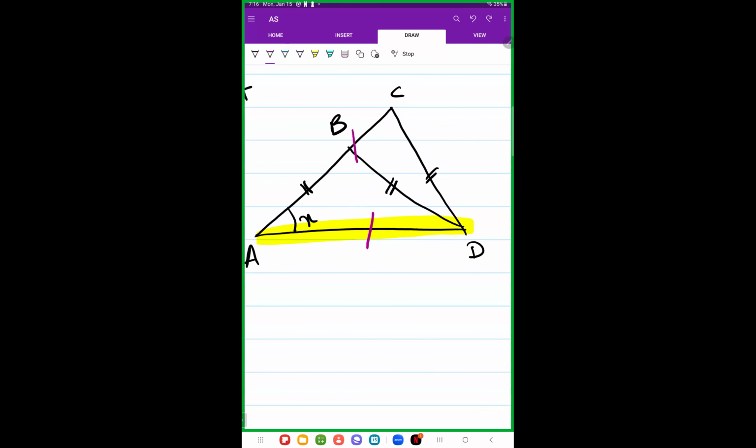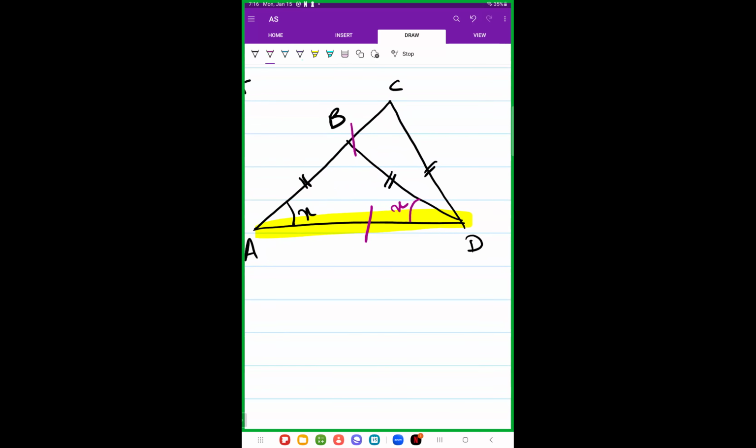Okay, so it says isosceles. So this means this and this would also be equal. So this will also be equal to x. According to this triangle, this would also be equal to x. Because B, A, D is x, so B, D, A will also be x.